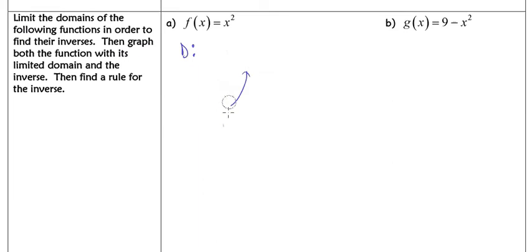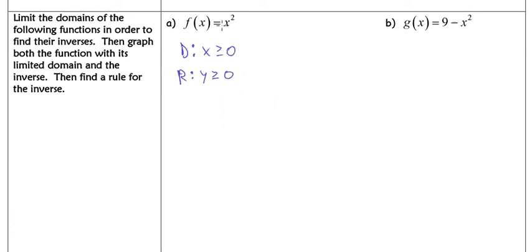And so x is going to be greater than or equal to 0, and then looking again at our graph, our y values, our range, is also going to be y is greater than or equal to 0. Okay, so we've limited the domain here a little bit so that it doesn't have those negative x values.